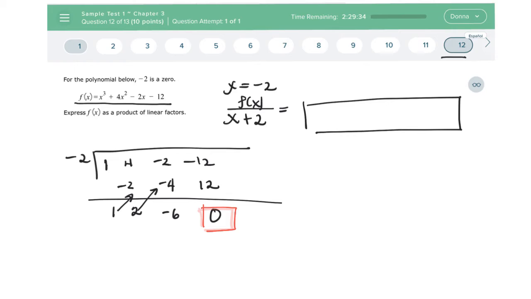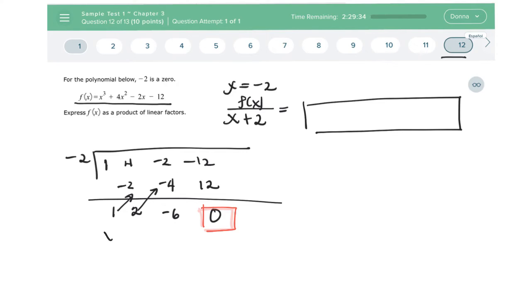You say, well, how do I know what the degree is going to be for that first coefficient? Well, since we're dividing by x and f of x is of degree 3, we know that the resulting answer is going to be 1 degree less. That 3 that we have now becomes a 2.